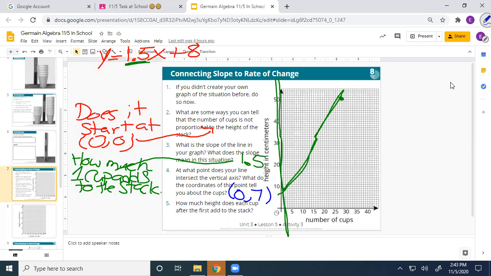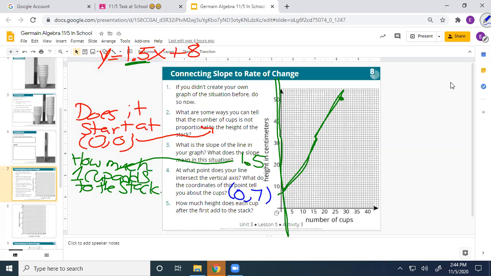Does that make sense? Is 0 cups going to be 7 centimeters? So this vertical intercept doesn't necessarily make sense in our story, but it's still where it crosses our vertical axis.